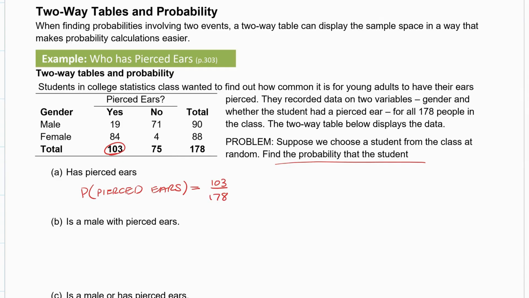And we're just going to leave that number as a fraction. How about a male with pierced ears? Well, we could think of that as the probability of being male and having pierced ears. How many males are there with pierced ears? That probability is 19 out of the 178.